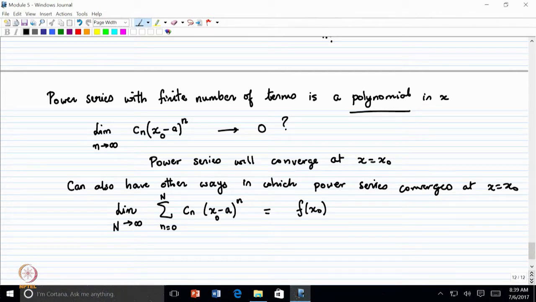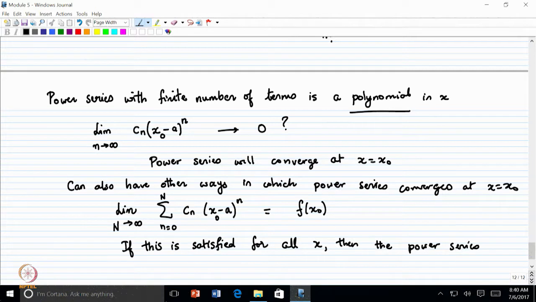Okay. So, if this holds for all x, then the power series is uniformly convergent.